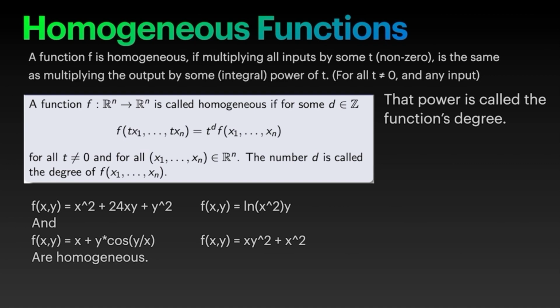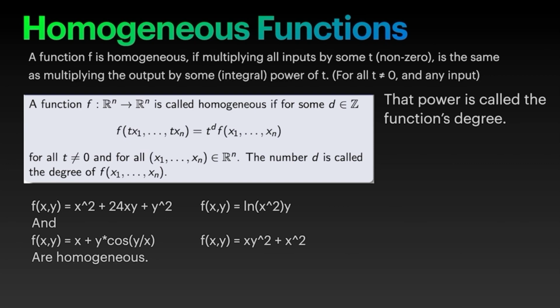Let's try the last example. f of x comma y equals x into y squared plus x squared. Pause if you need to. Again replace x with tx, y by ty, and you can see from x into y squared you can take t to the power 3 common, but from x squared you can only take t to the power 2 common.